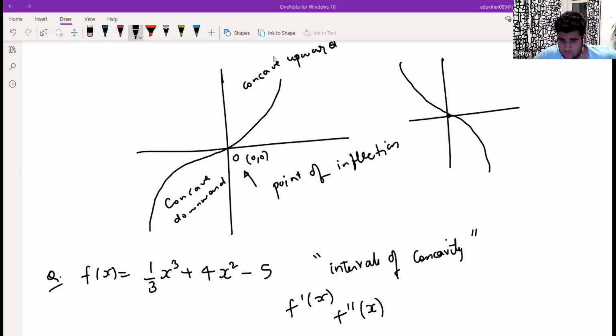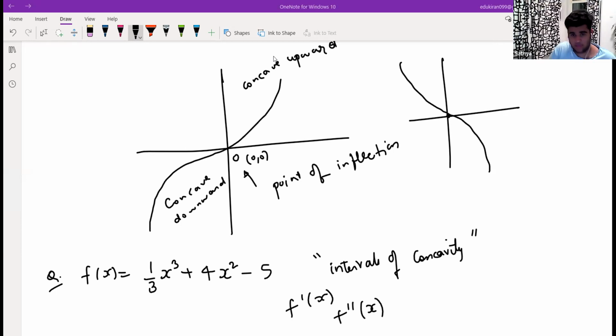So the point of inflection, is it 0, 0? Yes, the double derivative is 0. It is the point where the function changes its nature of concavity.